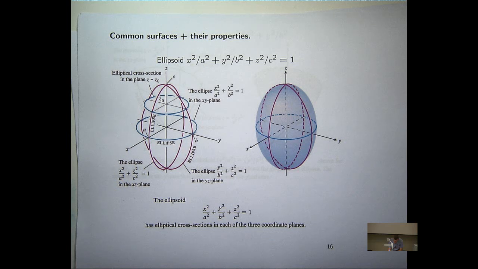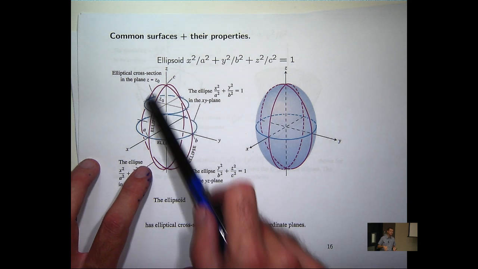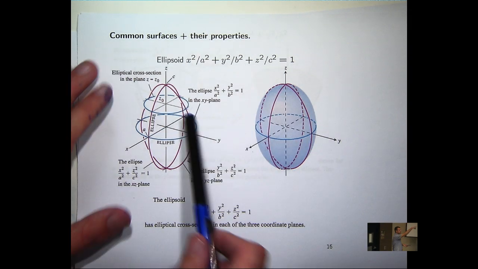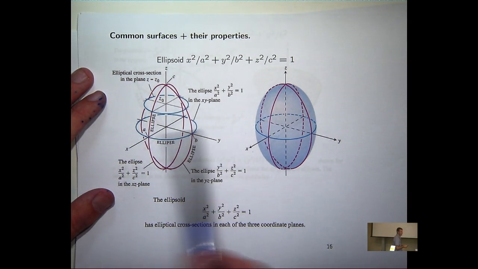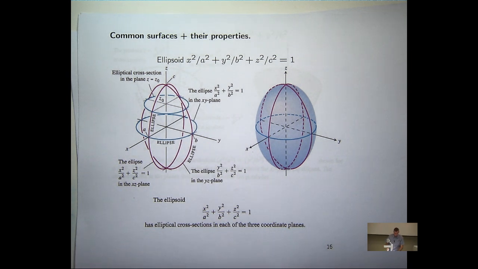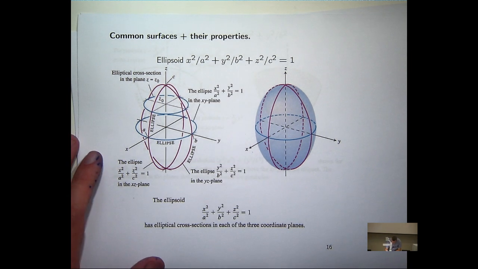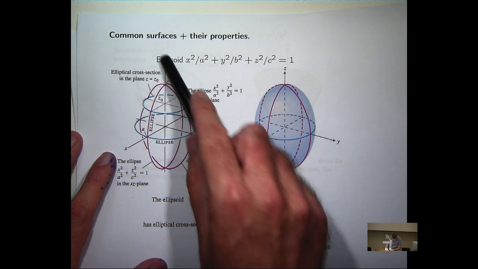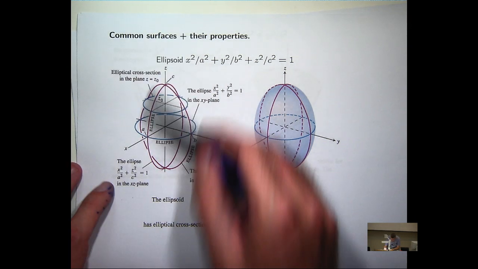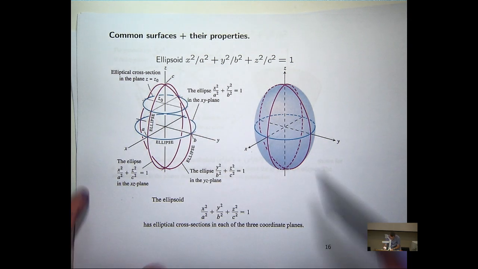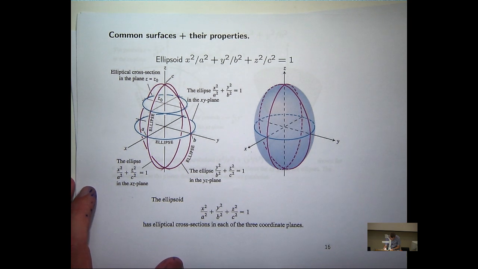So you can see here, this ellipsoid has intersections of ellipses. Okay, if you cut it with some plane parallel to the xy plane, you'll get ellipses, or circles maybe if A and B are equal. And if you do vertical cuts, you're still going to get ellipses. So you can hopefully see how it all comes together.